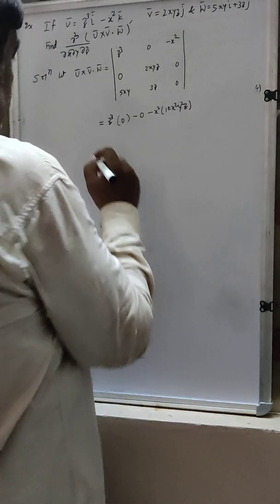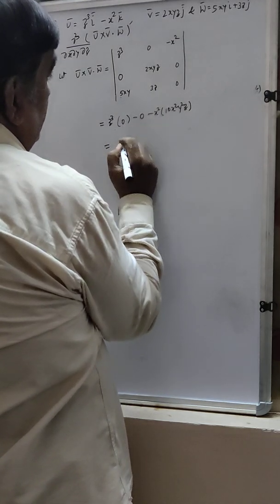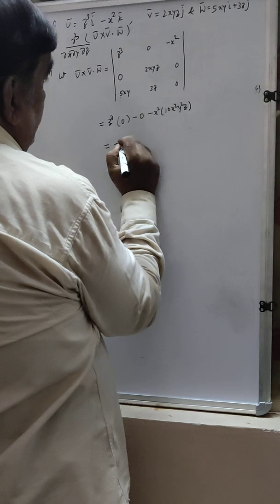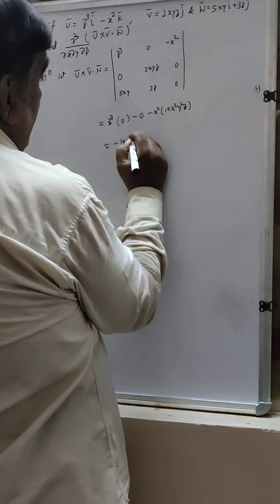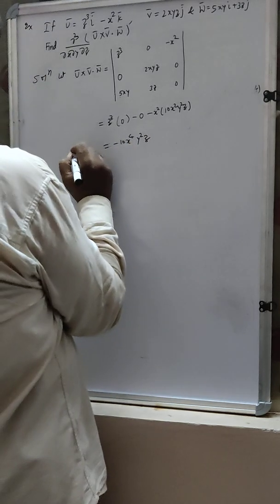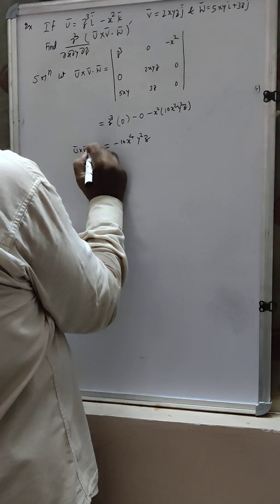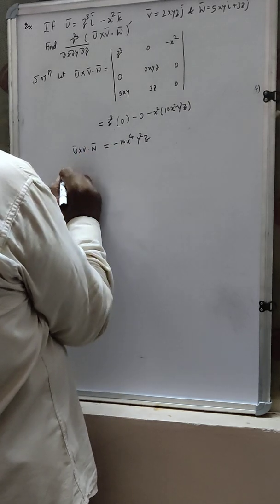Is equal to, this becomes 0, this becomes 0, minus 10 x raised to 4 y square z. That is u vector cross v vector dot w vector.